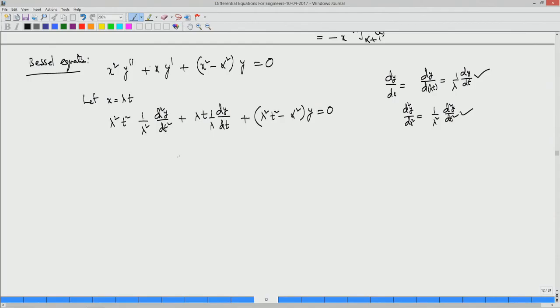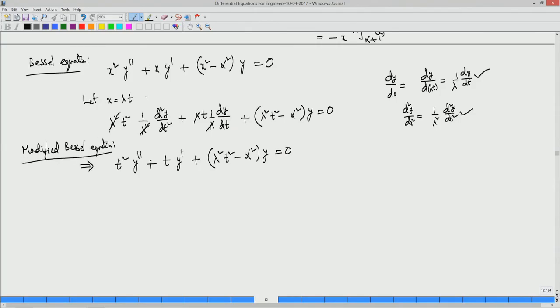So y is a function of t now, and lambda goes away. What you end up with is t square y double dash, where y double dash means d square y by dt square, plus t y dash plus (lambda square t square minus alpha square) y equal to 0. This is why it is called the modified Bessel equation.